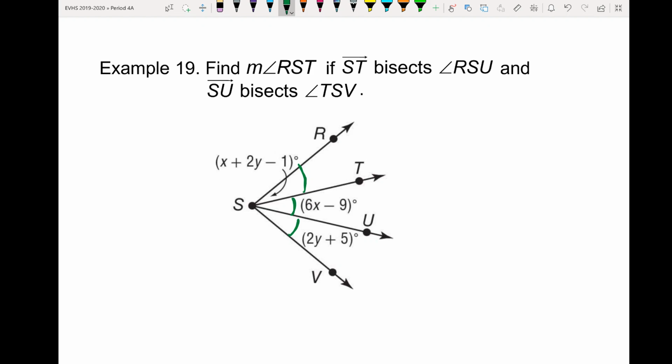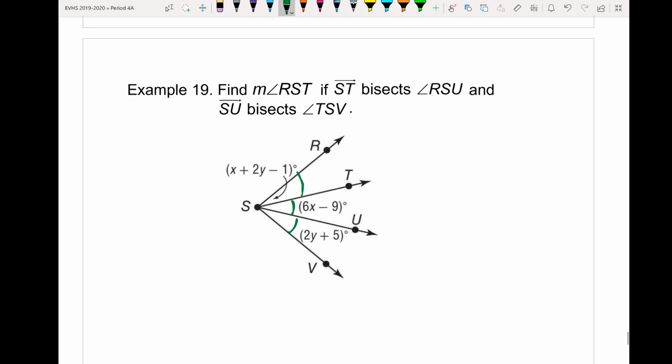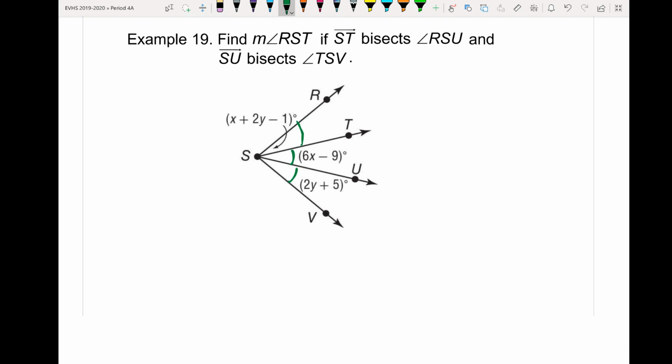Now you're going to hate me for this one. Here we go. x plus 2y minus 1 equals 6x minus 9.